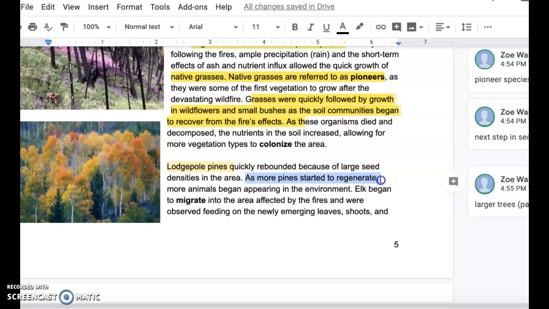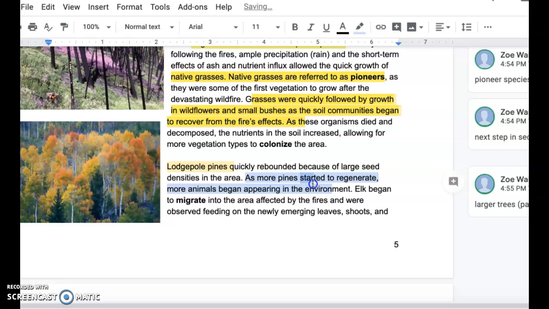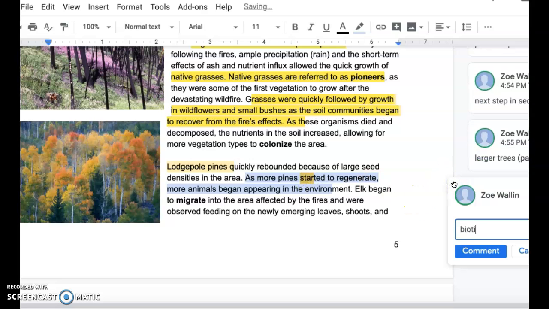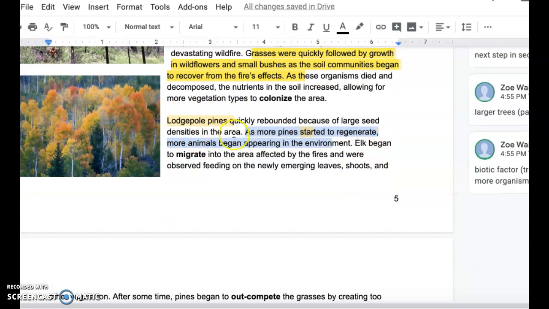As more pines started to regenerate or regrow, more animals started appearing in the environment. Elk began to migrate to the area that was affected by wildfires. So I'm going to put that in blue and then put that this is a biotic factor, the trees providing habitats for more organisms. Elk began to migrate to the area.